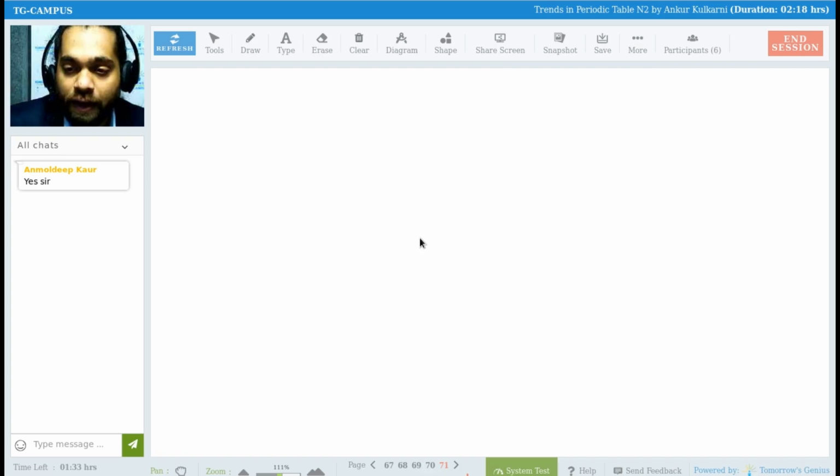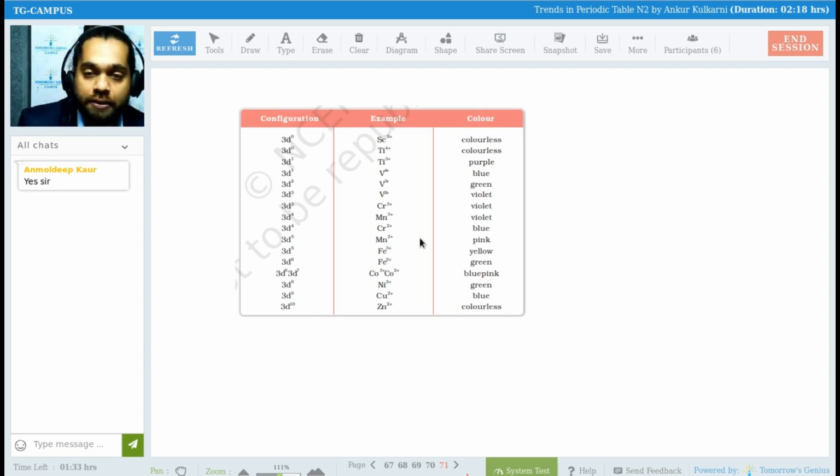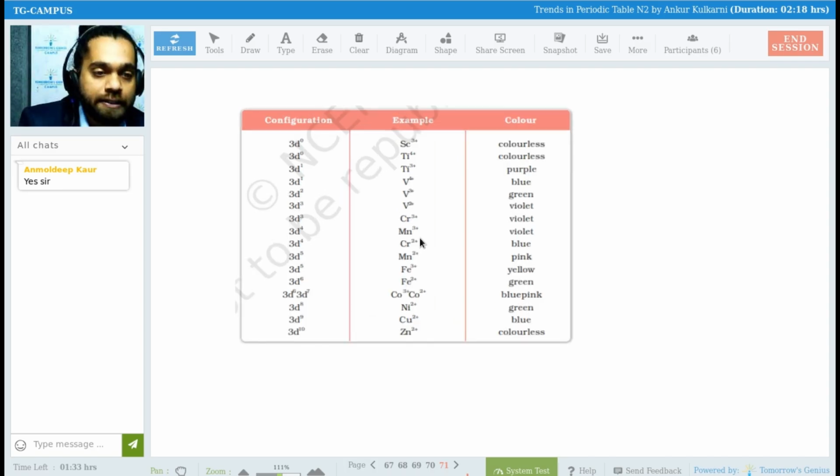Okay, I'll share one table of colors. Look over here, everyone. I am sharing a table of colors. Observe the colorless ones: one, two, three.